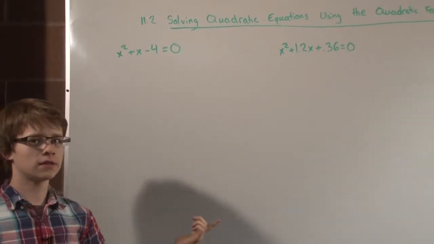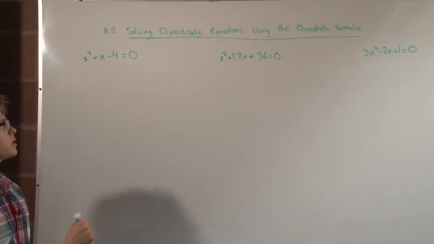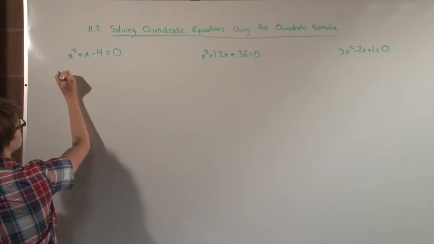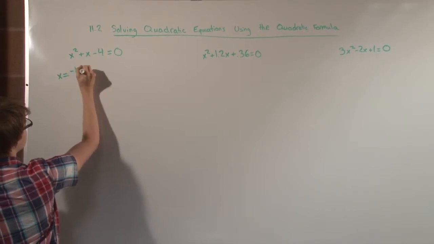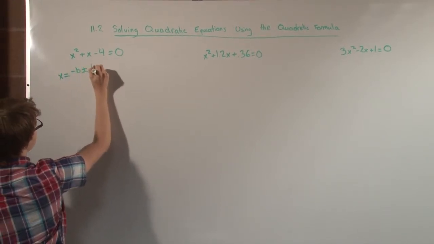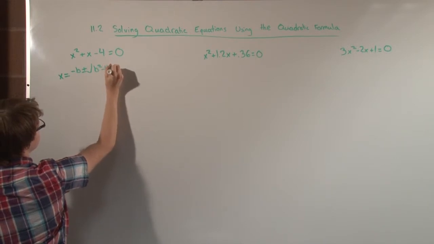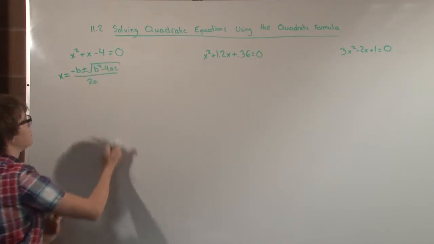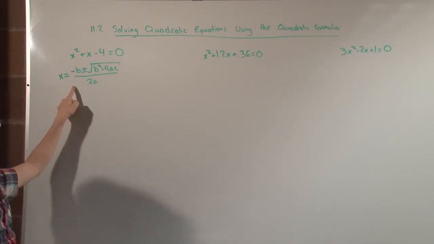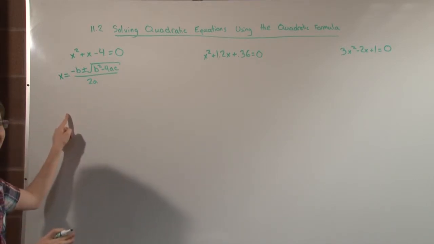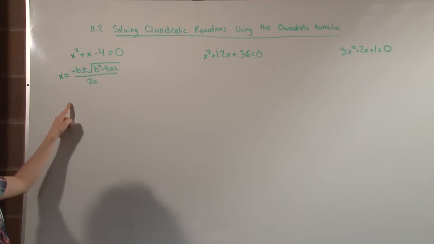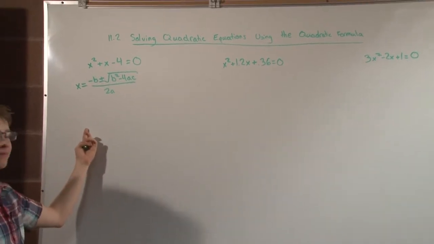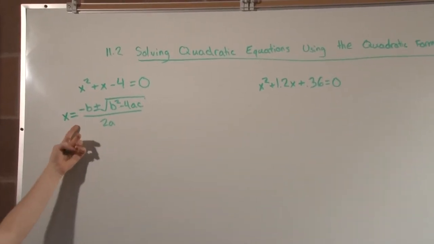So let's try to solve these using the quadratic equation, which again is x equals negative b plus or minus the square root of b squared minus 4ac all over 2a. And you'll have to memorize this. If you look on YouTube, there are plenty of songs that, you know, have rhymes and such to help you remember this.